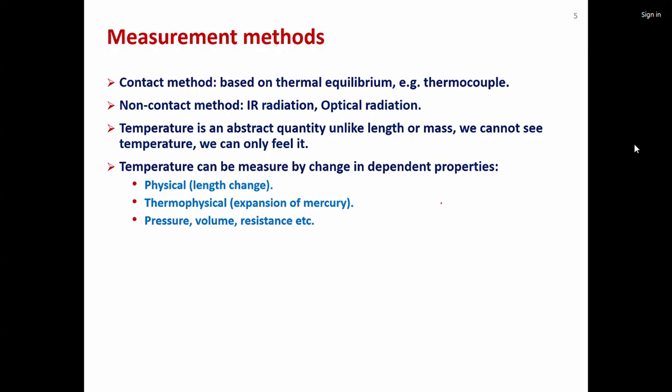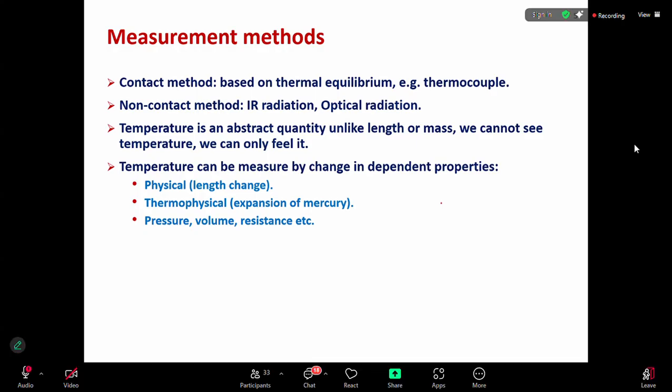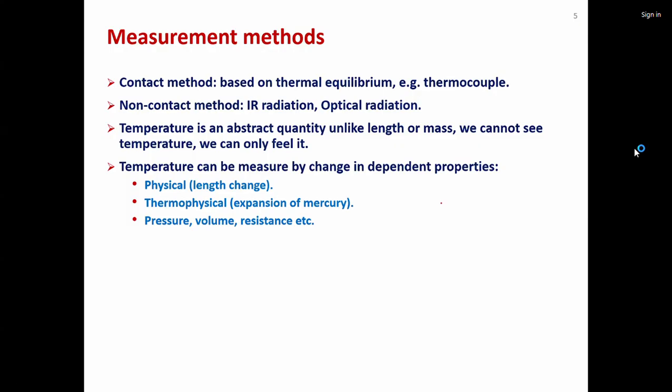We can look at a change in thermophysical properties, for example, the volume expansion of mercury in a thermometer. That's an example where thermophysical property measurement is exploited to measure temperature. And the third is one can look at pressure measurement, volume measurement, resistance measurement, and then indirectly predict the temperature.